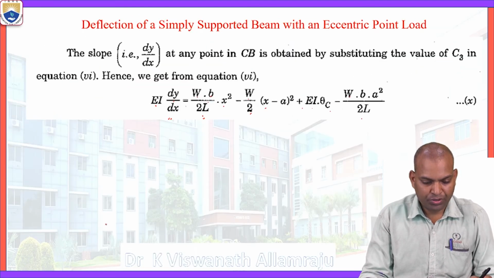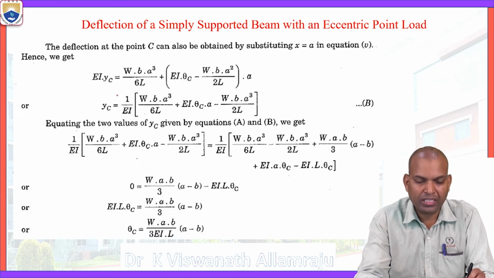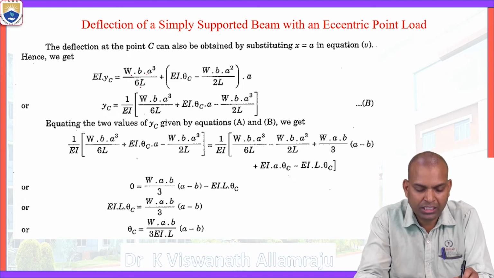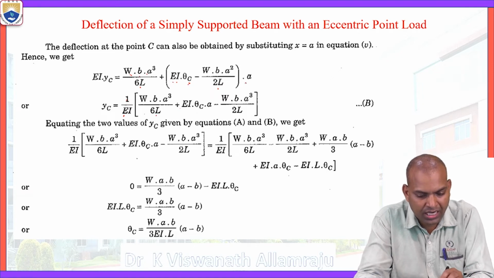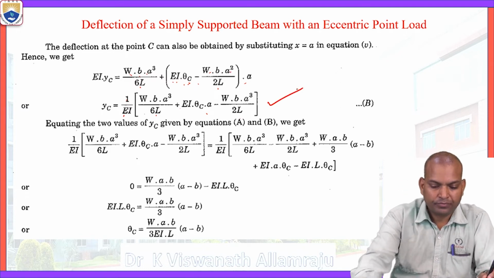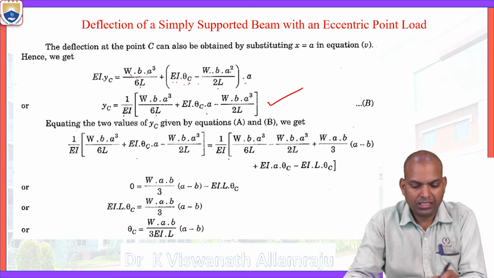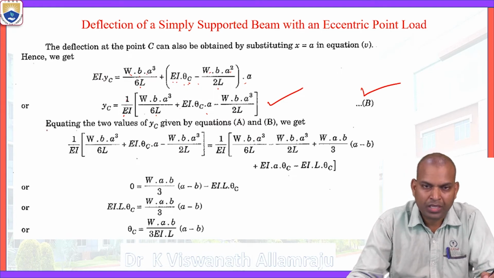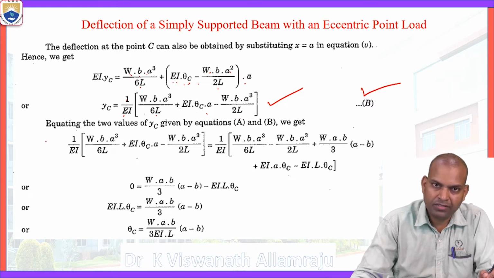After substituting, EI times YC equals WB A cube by 6L plus EI times theta C minus WB A square by 2L times A. Further simplification, YC equals 1 by EI times WB A cube by 6L plus EI theta C, this A entering inside, minus WB A cube by 2L. This is YC. Now there are two equations: this is equation A for YC and this is equation B for the deflection at C. Equate both equation A and equation B, then theta C will be obtained.